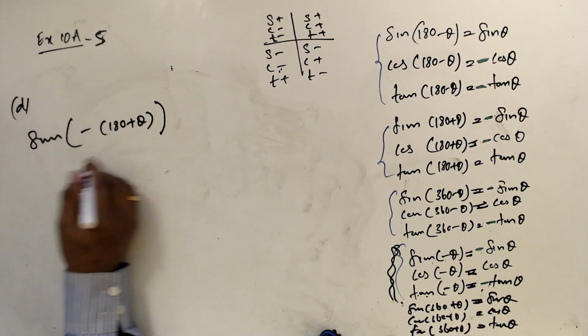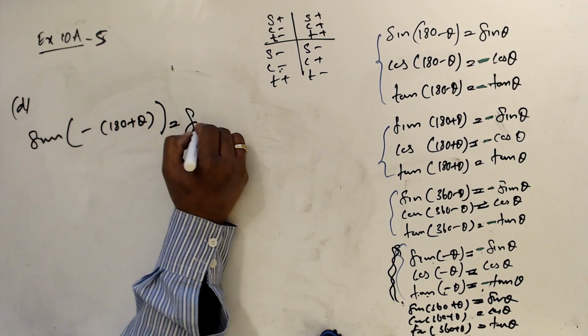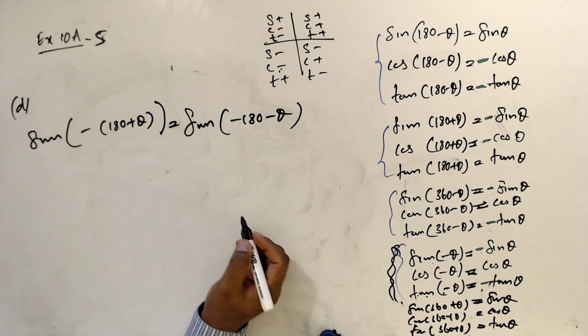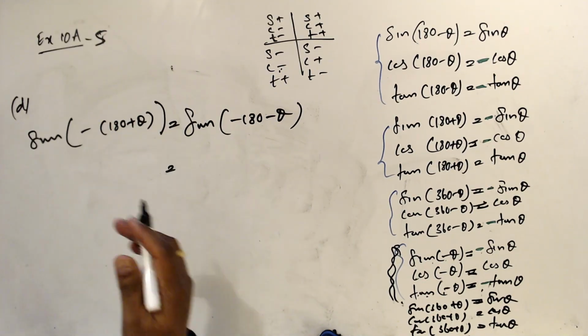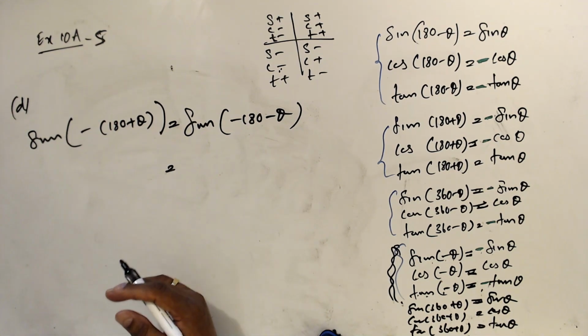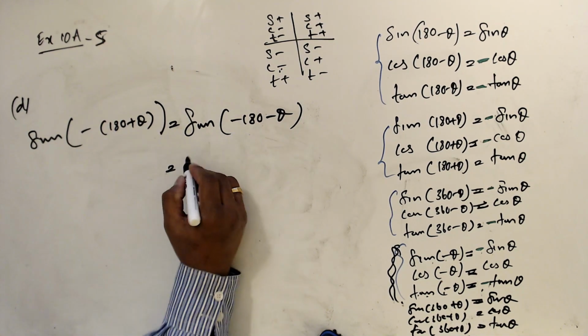We'll leave this one and expand to see what is going on. Minus 180 minus theta. We can add or subtract 360, so we can add here because this is negative.